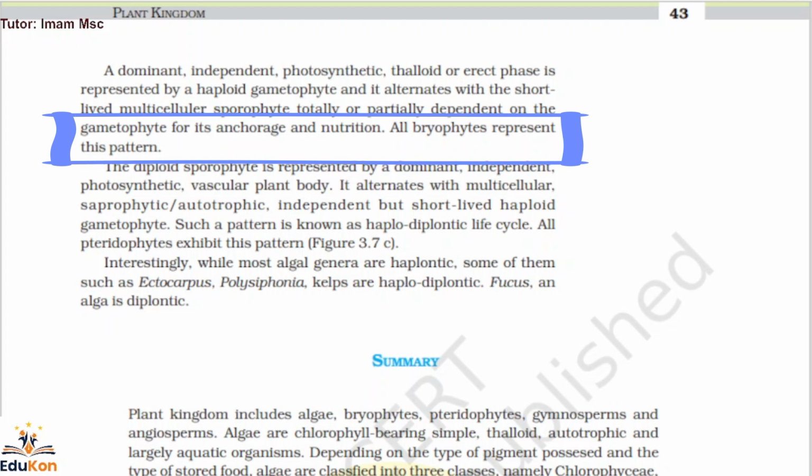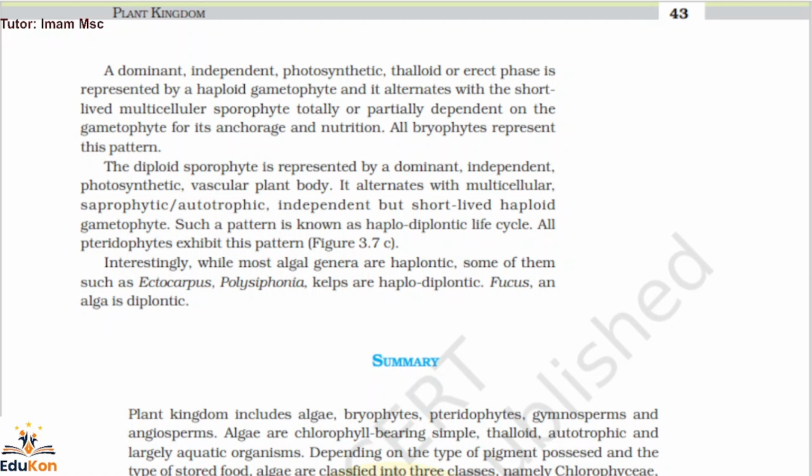The diploid sporophyte is represented by a dominant independent photosynthetic vascular plant body. It alternates with a multicellular saprophytic or autotrophic, independent but short-lived haploid gametophyte.